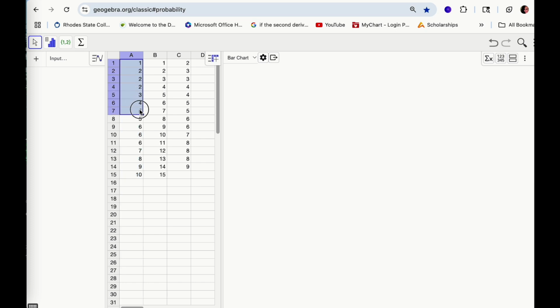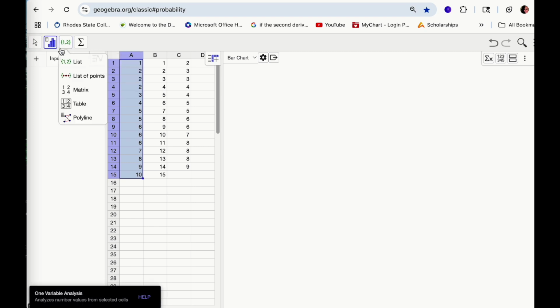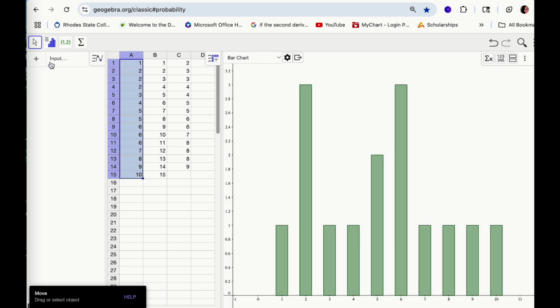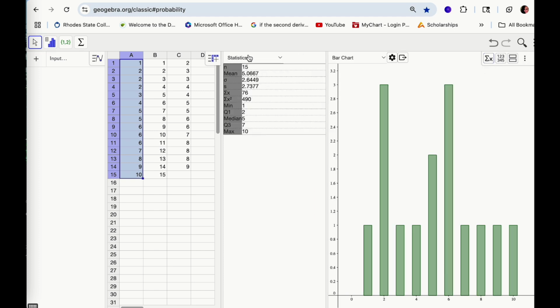So to get started, you want to highlight your data values. Click on the bar graph icon and choose one variable analysis. Then you come over here and you press the sigma icon so that you can access the statistics for that highlighted list. And then your statistics come up.